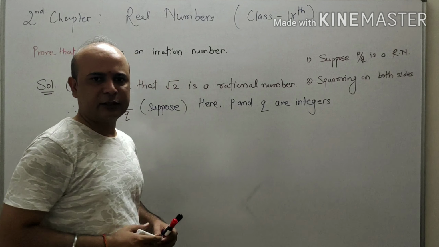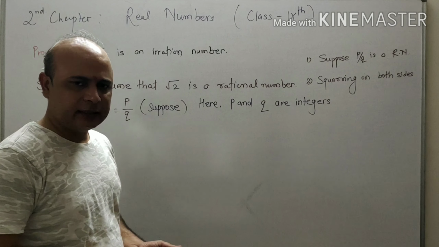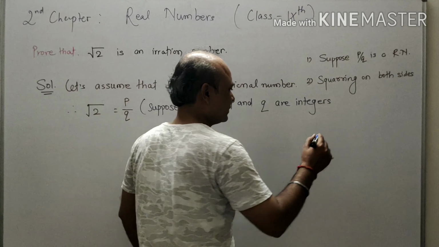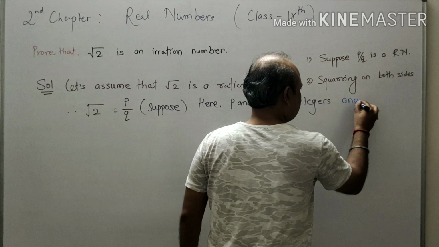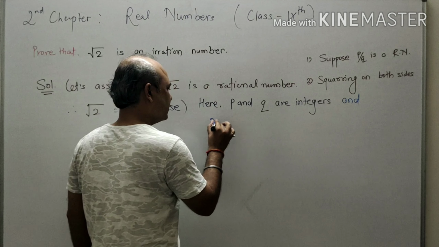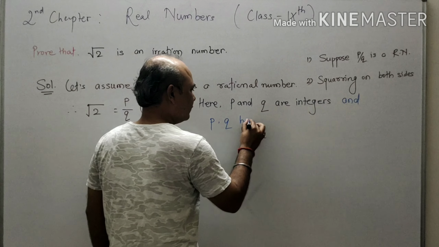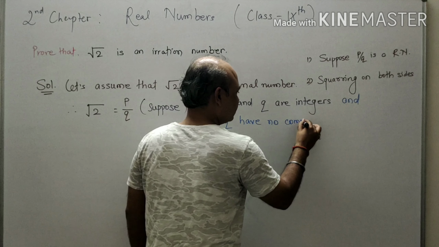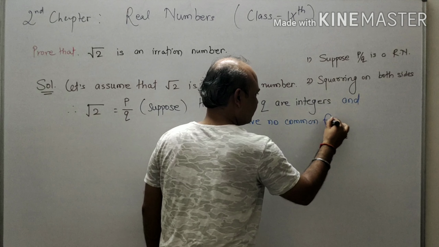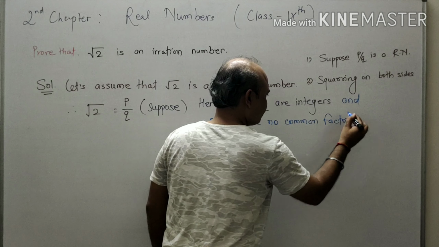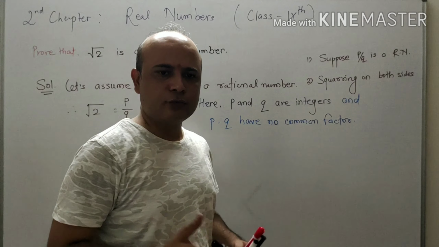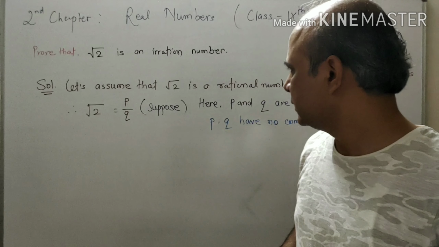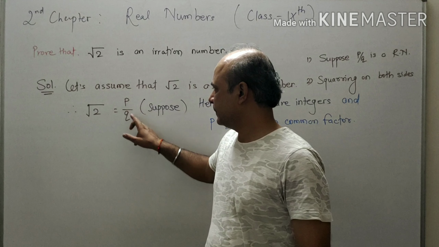Here p and q are integers, and p, q have no common factors. Okay student, so we are going to suppose that root 2 is a rational number, therefore root 2 can be written as p upon q.